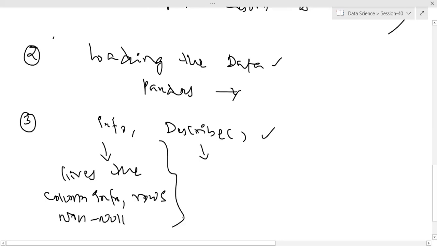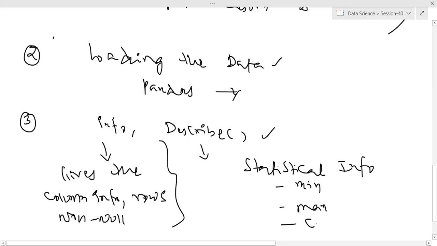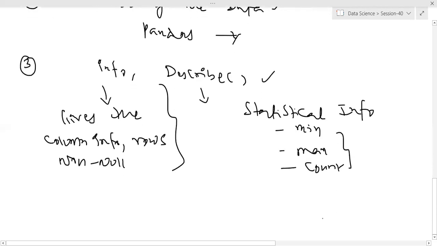This much we can have. But describe, friends, what does it give actually? Statistical information. Excellent. The statistical info, starting from the minimum, maximum, count. All these aspects we generally make use of related to the statistical info.